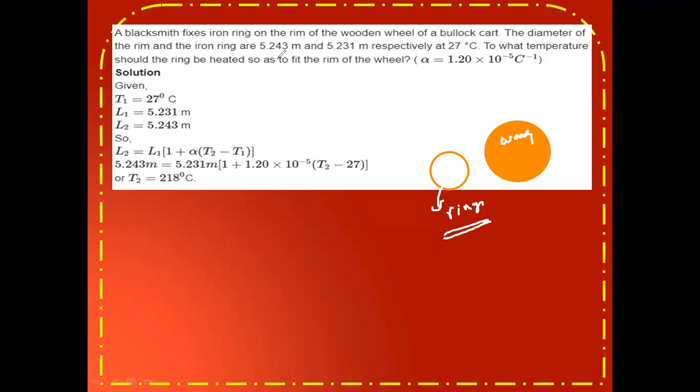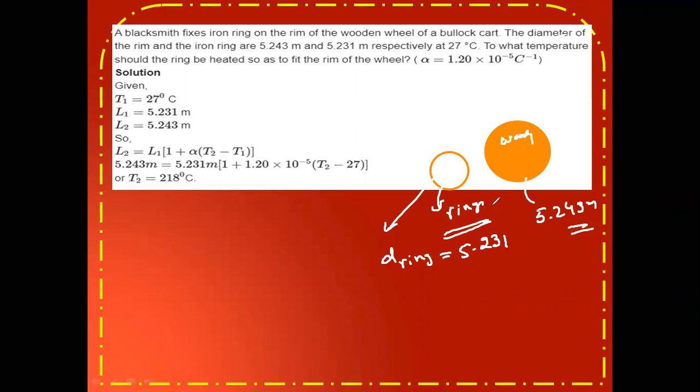Here you see, the iron ring is given a diameter. The diameter of the ring they gave as 5.231, whereas the diameter of the rim they gave as 5.243.